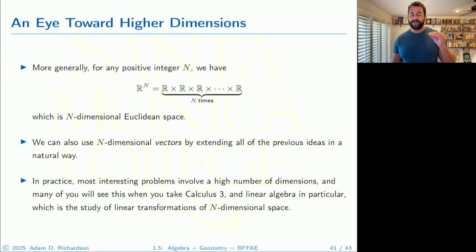Now, here's where things get really interesting. It's really, really hard to visualize anything beyond three-dimensional space. That's just one of the limitations of being a human being. You can kind of visualize four-dimensional space, but once you get beyond that, our intuition for what it looks like visually is just gone, right?